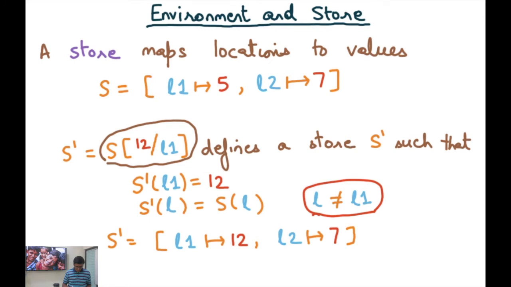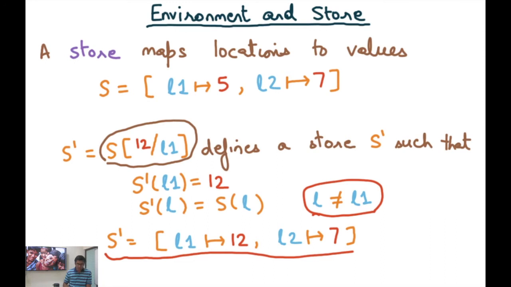For example, if S was L1 mapping to 5 and L2 mapping to 7, these being the only two locations mapped in the store so far, then S prime would map L1 to 12 and L2 to 7. It leaves L2 unchanged and updates the mapping of L1 to 12. That's the idea of this notation, S updated such that 12 has been placed at L1.